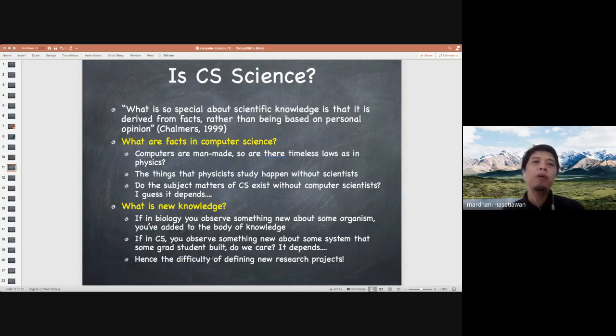So that will be the focus here. And of course, the difficulty of defining a new research project will be very challenging. When we see this slide, we understand that computer science is growing, and knowledge depends on the growth itself.